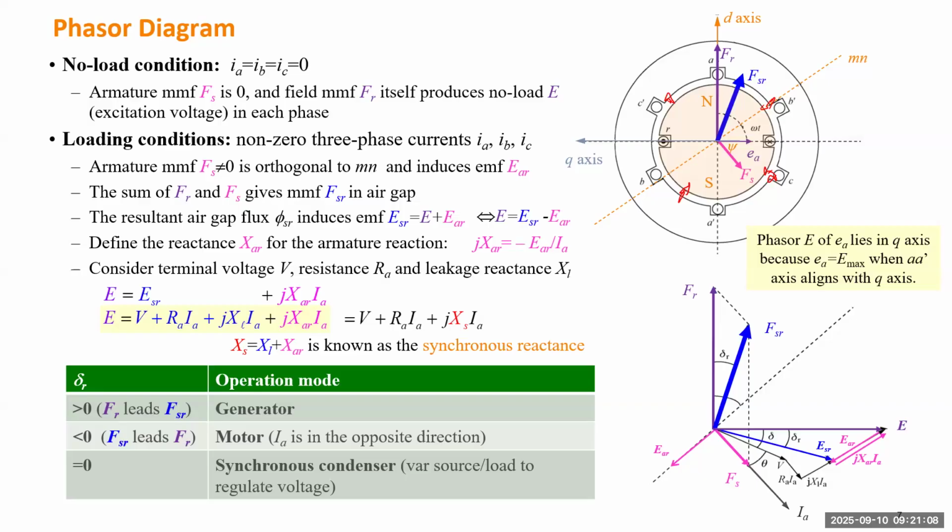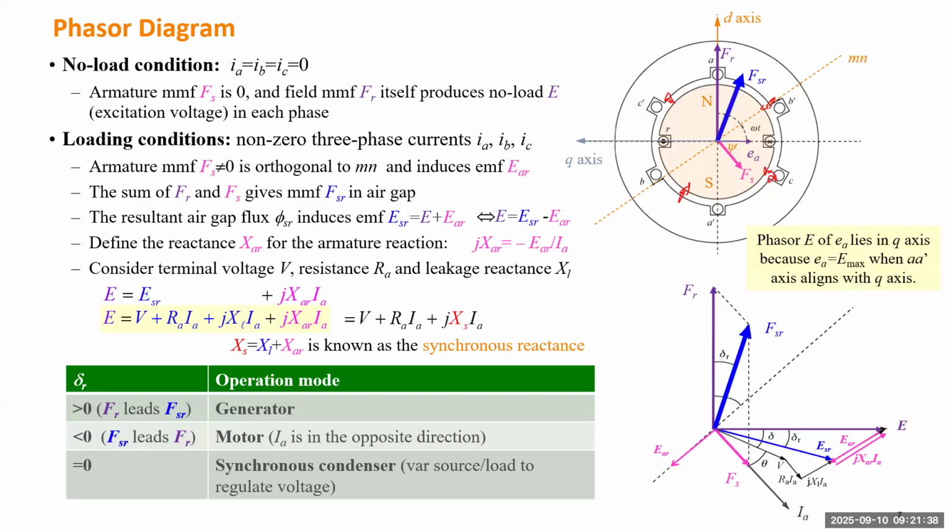So that will give you the direction of this E. And so we use this slide to try to explain the direction between the phase of FR and the phase of E, but we didn't go into details on how this one changes with that one. Right? We use the example 3.3 we just talked about a few minutes ago, but that is for a round rotor generator. Let's assume this one is constant and this voltage is also constant.